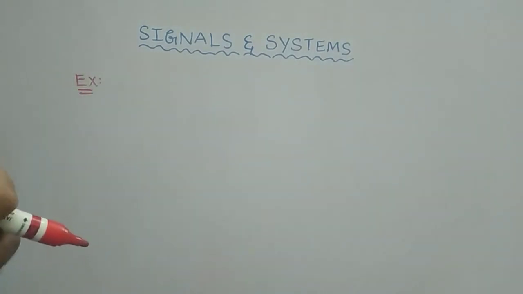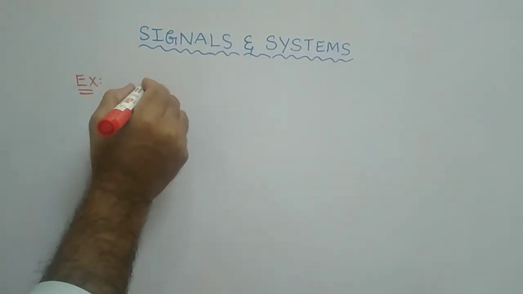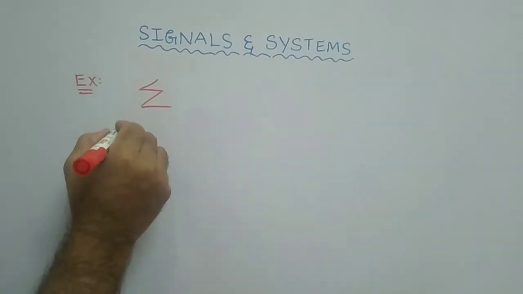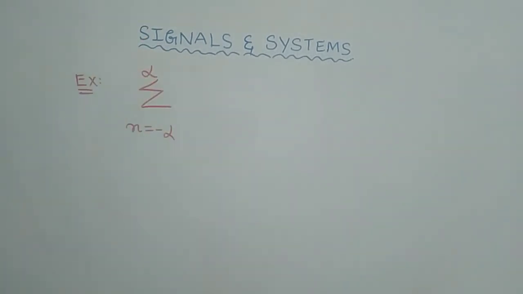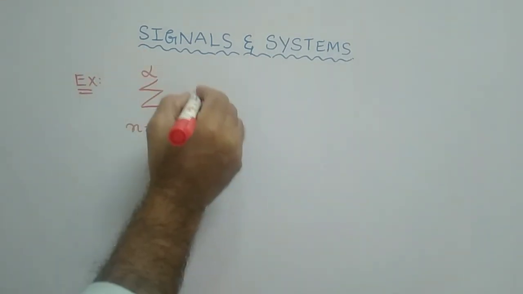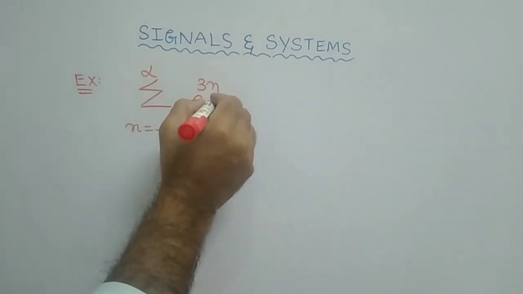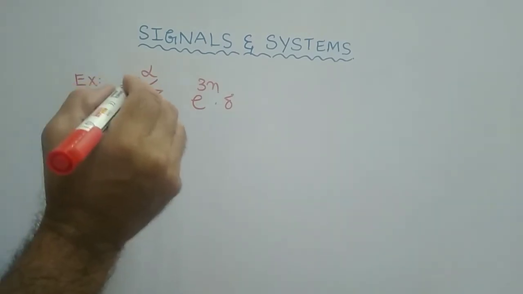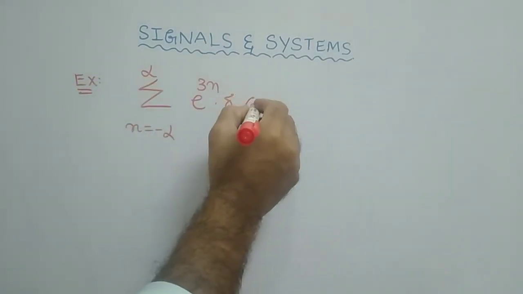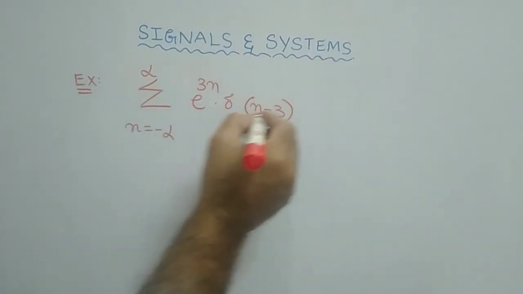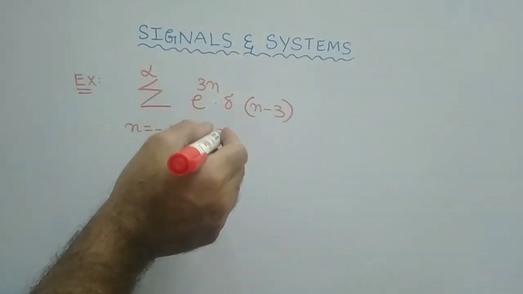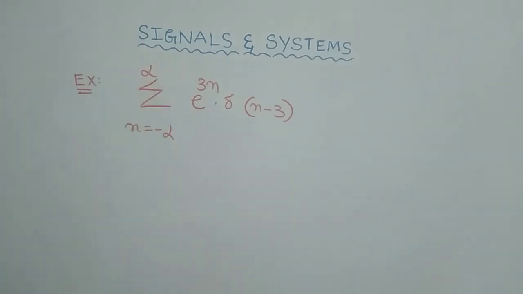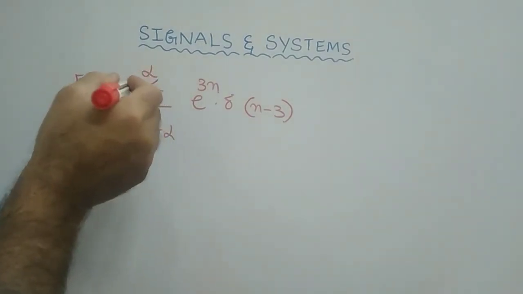So let us consider this. Evaluate sigma n equal to minus infinity to plus infinity of e power 3n into delta of n minus 3. The same kind of problem will be asked for a discrete time signal.